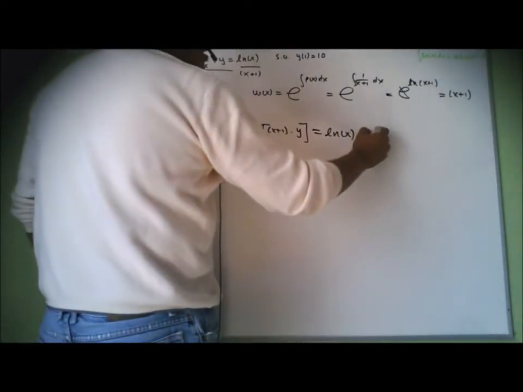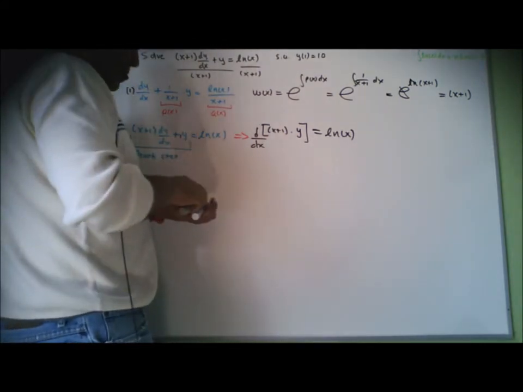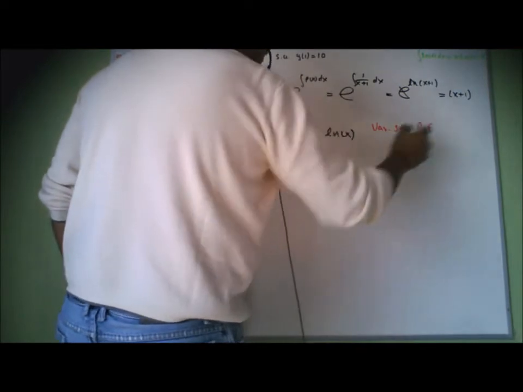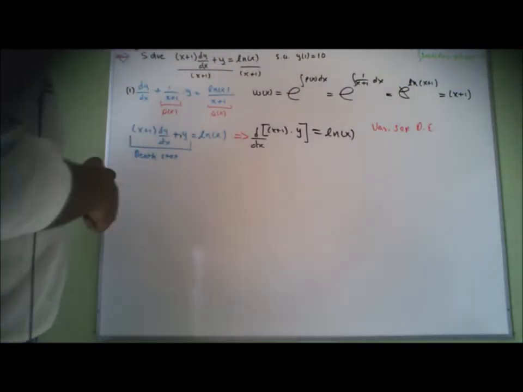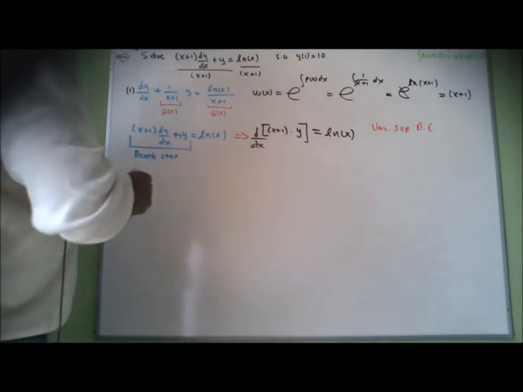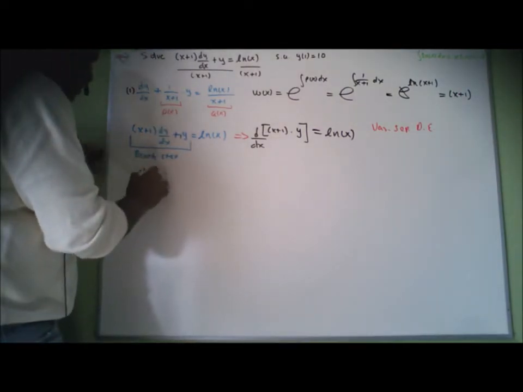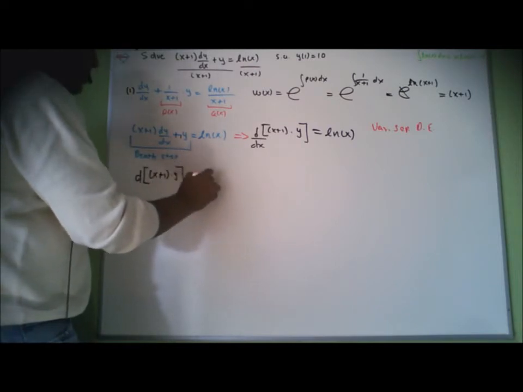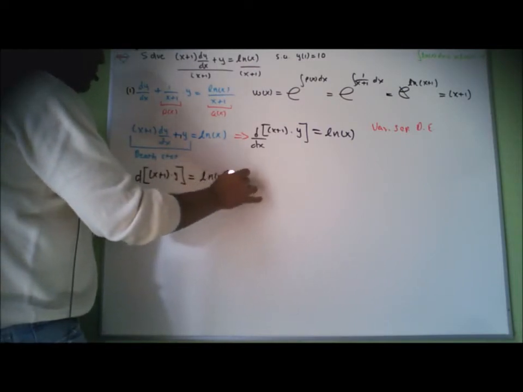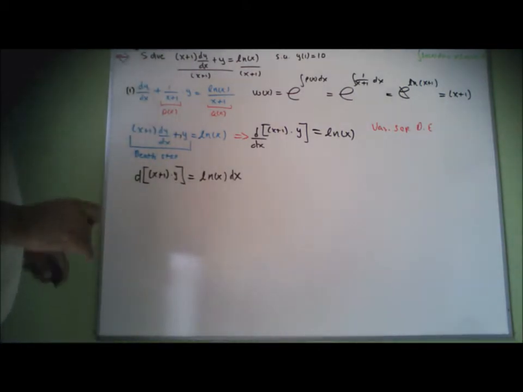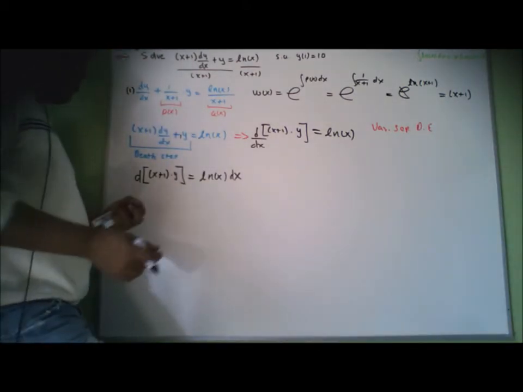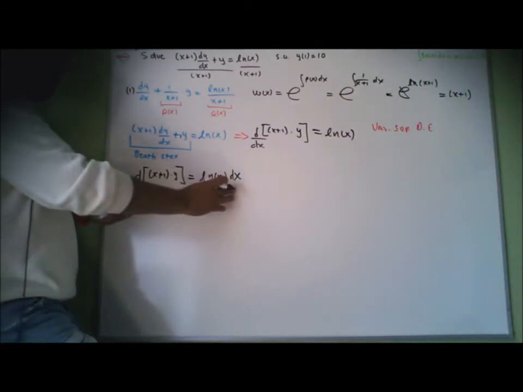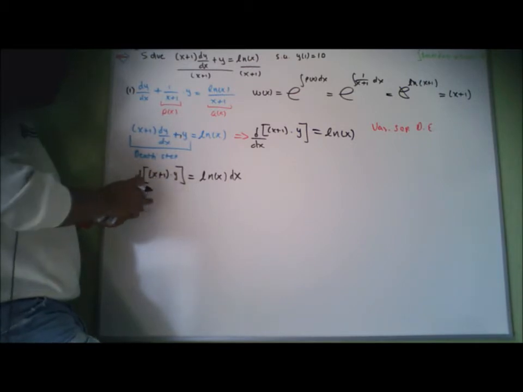Now it is a variable separable differential equation, and we can solve it by separating the differentials. So the differential of x plus 1 times y equals the natural log of x, differential of x, and it is separated. Now, you may wonder, it is not variable separable because I have x and y here. You are right. Here we only have x, and here we have x and y.